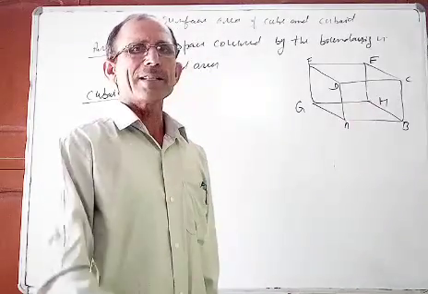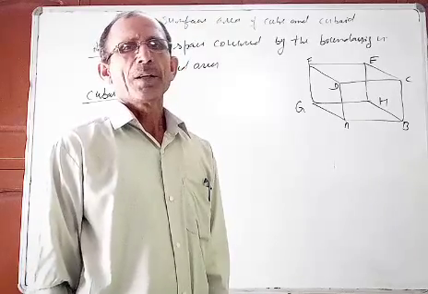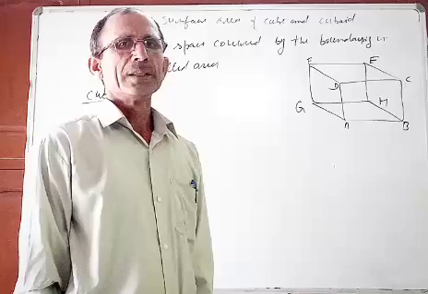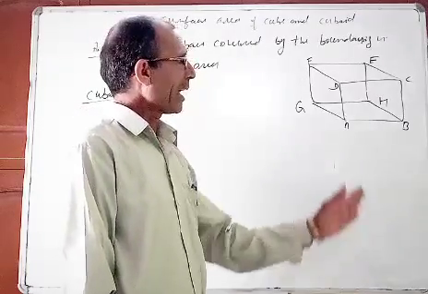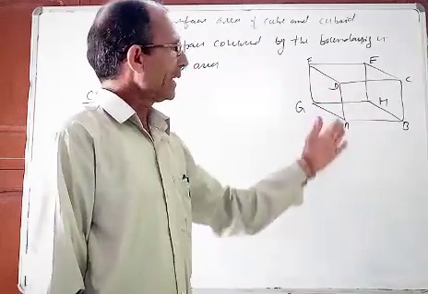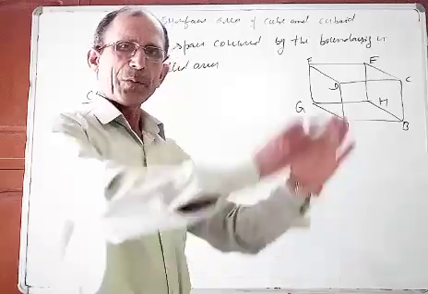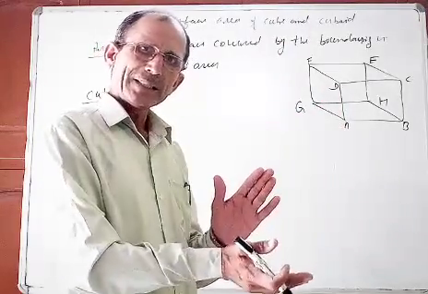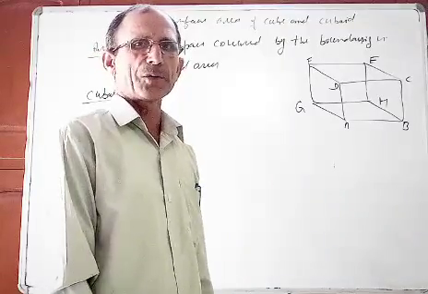Now the question arises, how to find the total area of a cuboid. There are 6 faces. We will find the area of each face and add them, then we will get the total area of the cuboid.